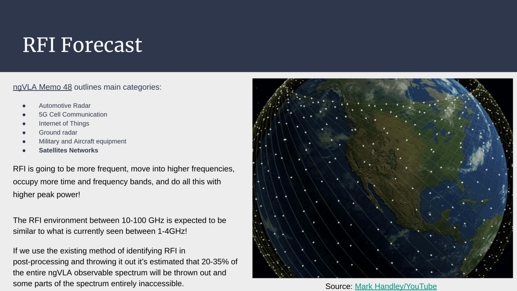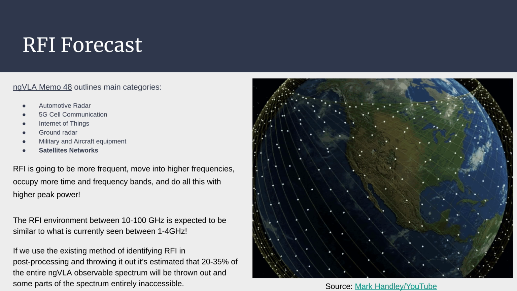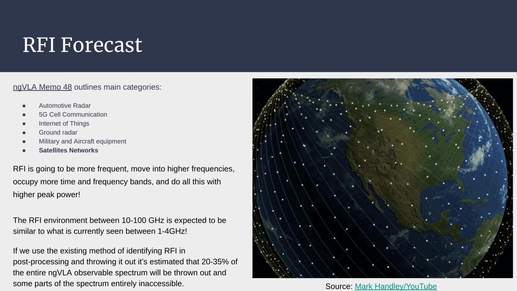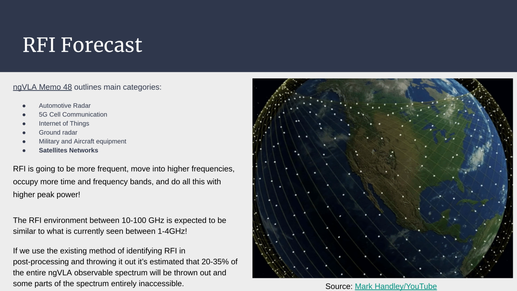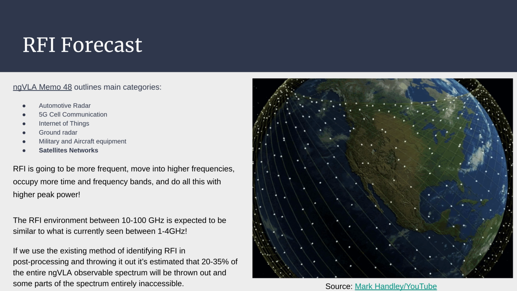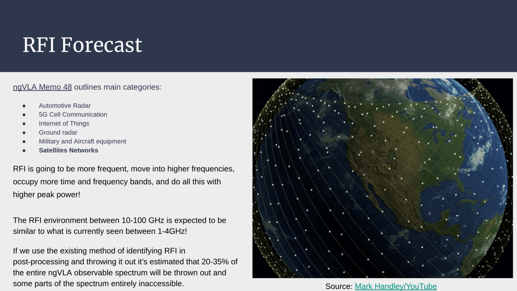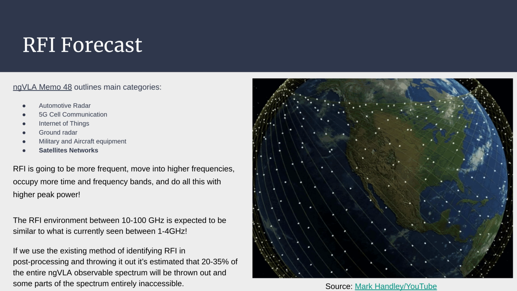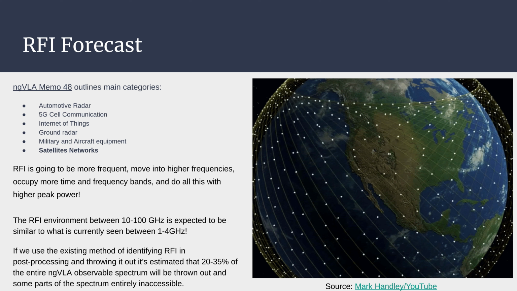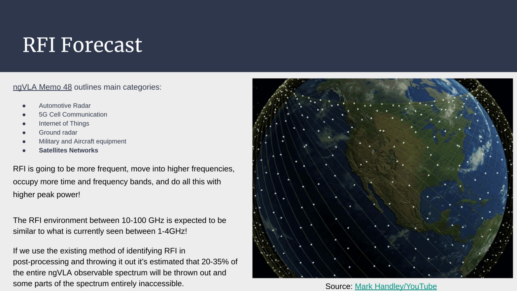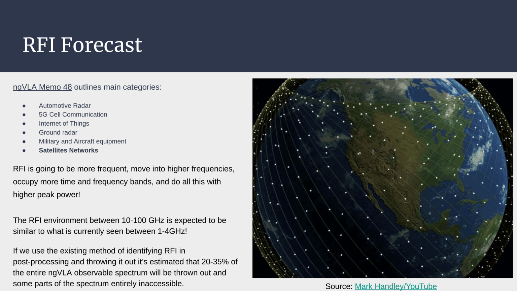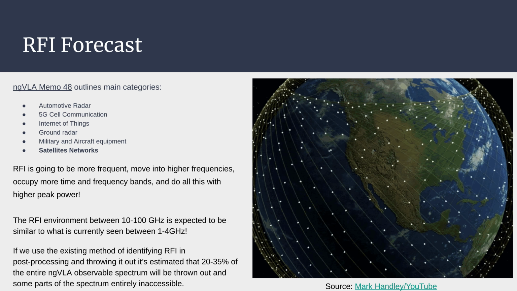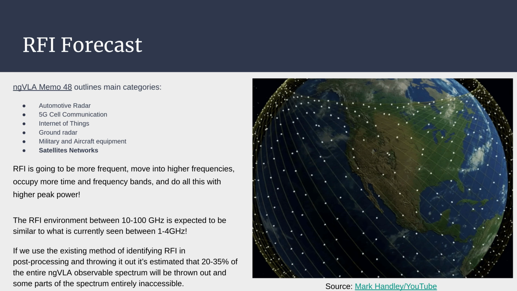The main categories are vehicles equipped with radar, 5G telecommunication, Internet of Things, such as your Bluetooth devices, medical implants, cell phones, ground-based radar for aircraft communication and surveillance for civilian and military purposes, drones, things like that. Last but not least is satellite constellations, things like SpaceX and OneWeb, and these will dramatically affect radio astronomy.